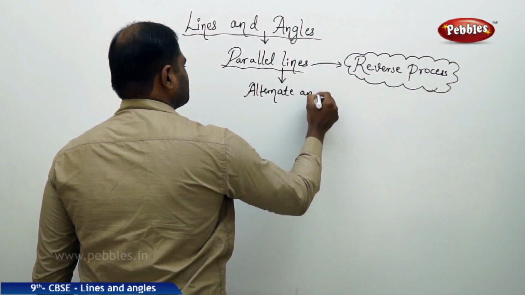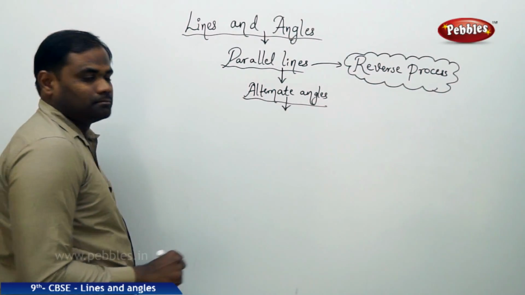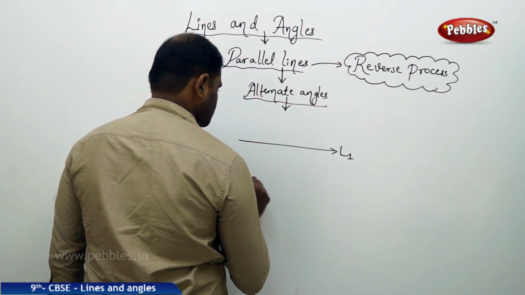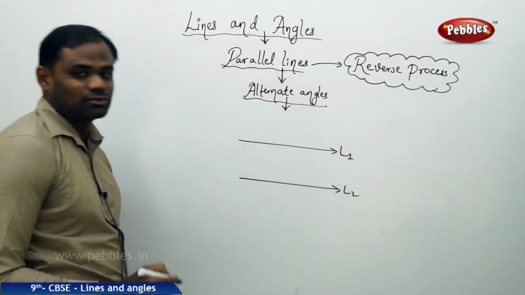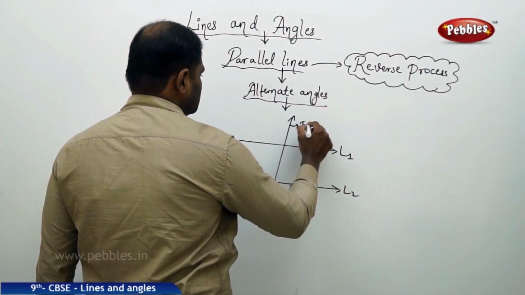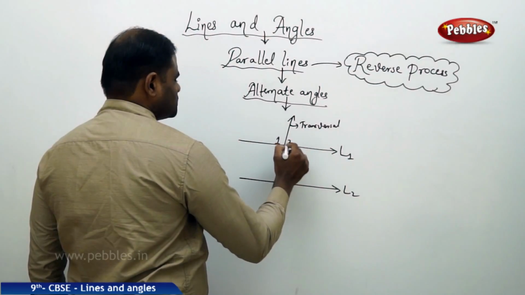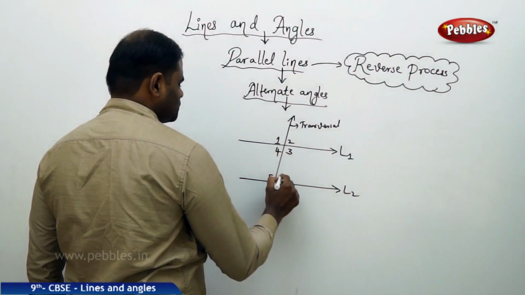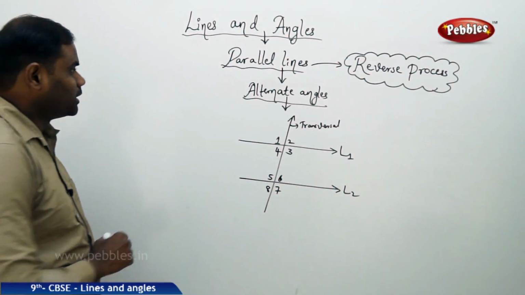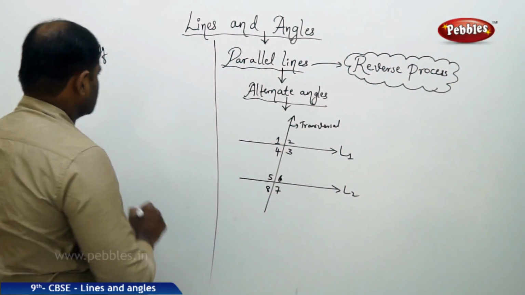Alternate angles. The lines L1 and L2 which are not parallel, divided by the transversal and having the angles out here, we know that the alternate angles are 4 and 6.